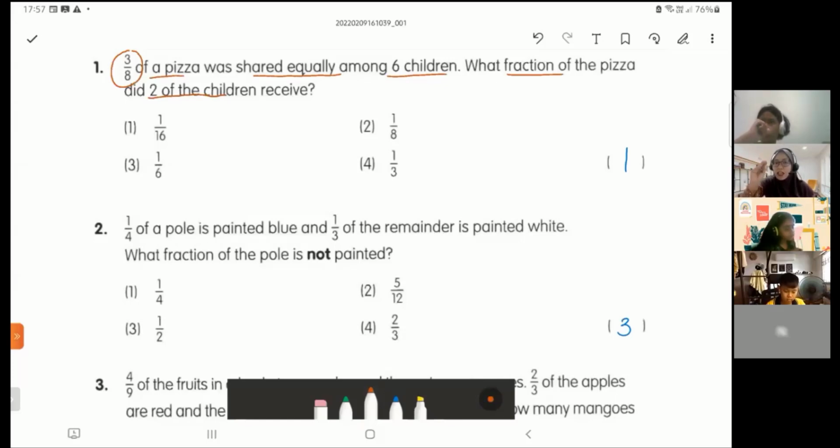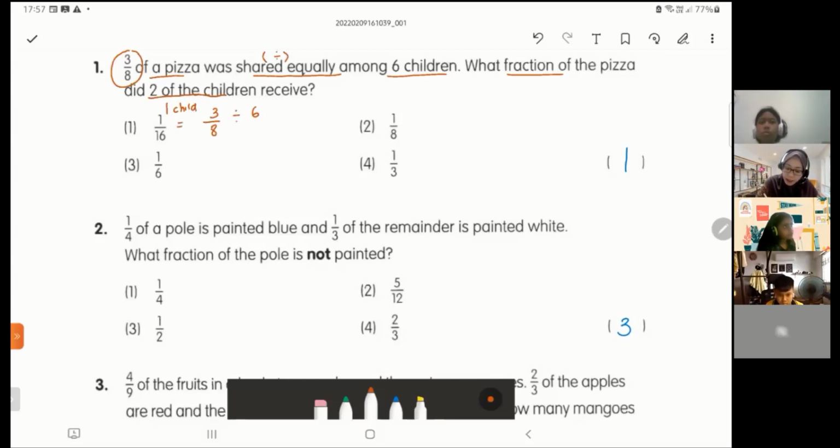The keyword here is shared equally. So it means divide equally to 6 children. So it's divide. I need to take 3/8 divided by 6, right? This will help me find for 1 child.